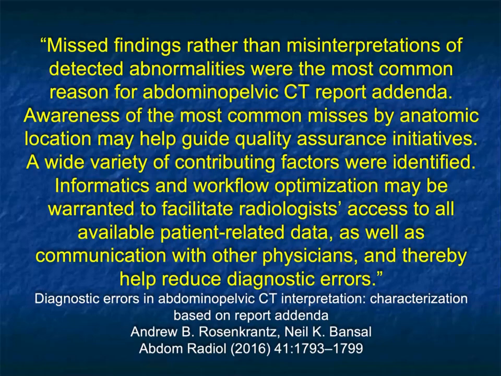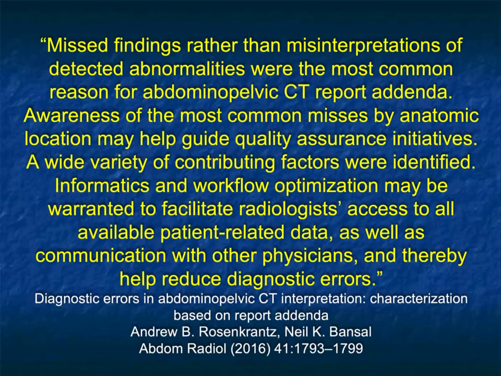In this article by Rosenkrantz, he made the point that misfindings rather than misinterpretations of detected abnormalities were the most common reason for addendum. So when you see an addendum to a report, it's not saying typically, oh, I think that mass is hemangioma, not hepatoma, or I think it's hepatoma, not hemangioma. What you're saying is, oh, by the way, I missed the mass in segment 3 of the liver.